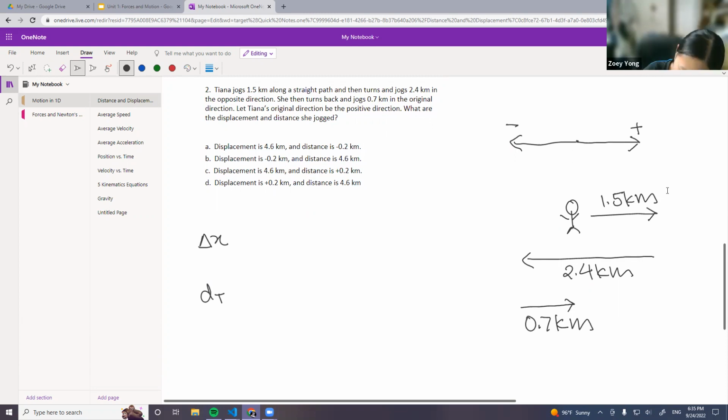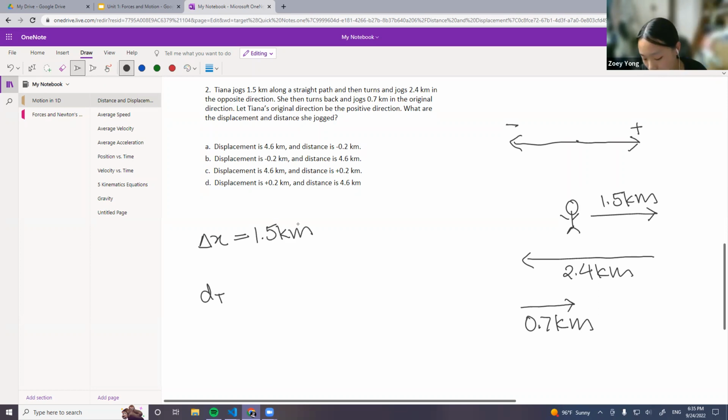So for displacement, you need to pay attention to which way you're going, because one way is positive and the other way is negative. At first, she goes 1.5 kilometers in the positive direction, so you just write 1.5 kilometers.